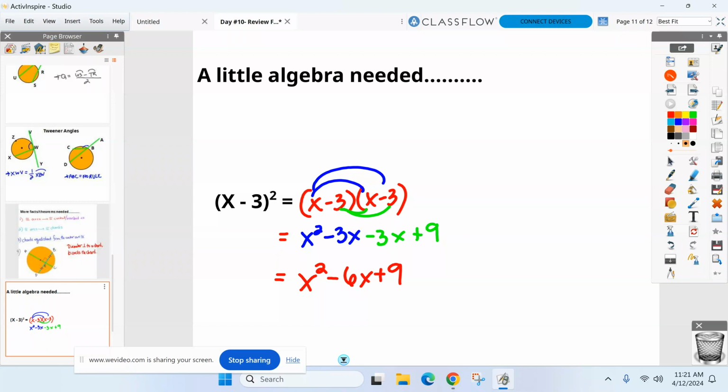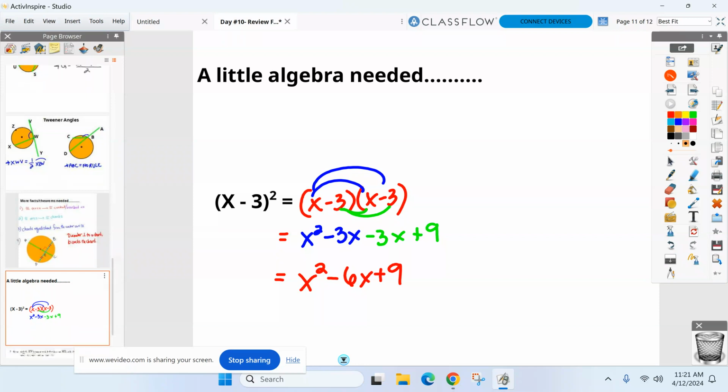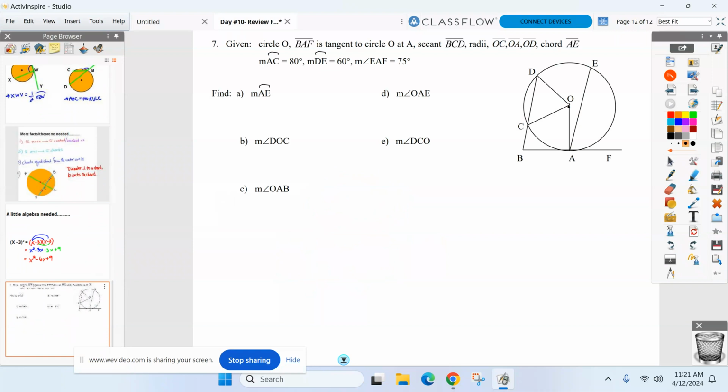Go ahead, take a look at number 7, start labeling all the givens. I thought this was the most challenging of all the king size ones on there. It's not straightforward at all. This one, we've got to think outside the box or outside the circle.